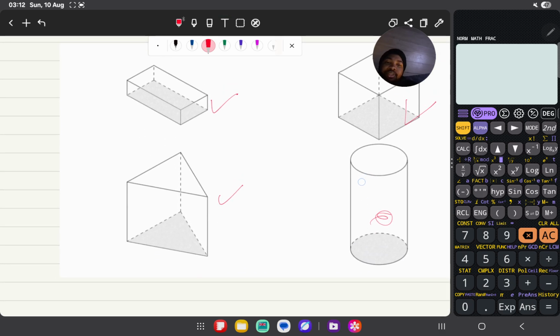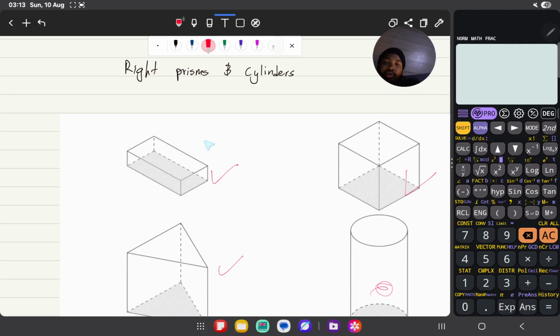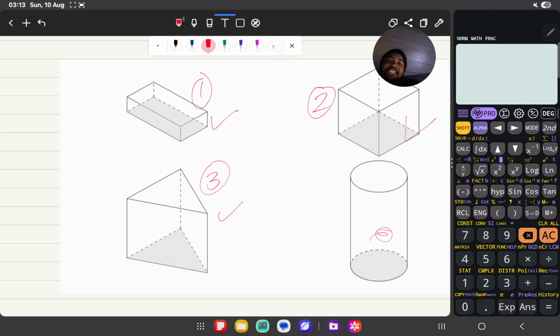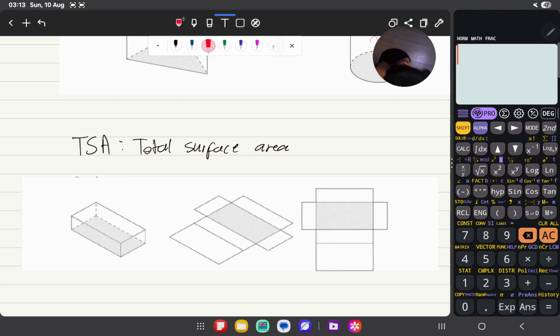For 1, 2 and 3, we call them right prisms because the base has a right angle. You'd find out even here that this would be your 90 degrees angle, and of course the bases of these have 90 degrees, right?